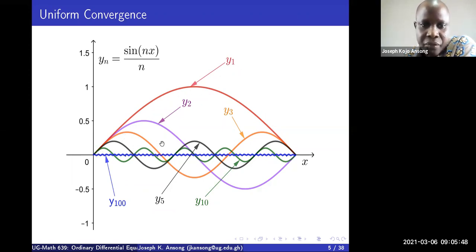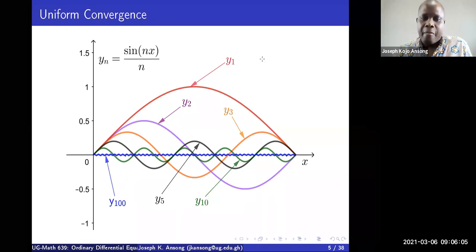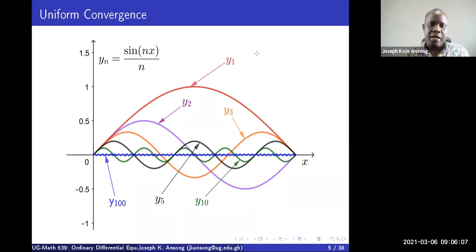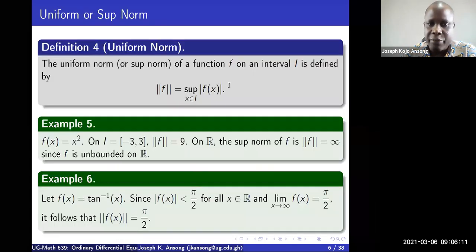For n is 2, you get this purple curve. N is 3, and finally, when n is 100, this is almost 0. You see that it lies on the line y equals 0 there. So we have shown that this sequence of functions converges uniformly to 0 just by using the definition.